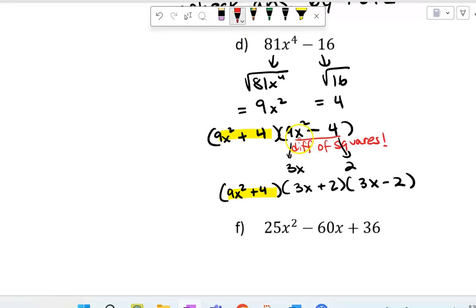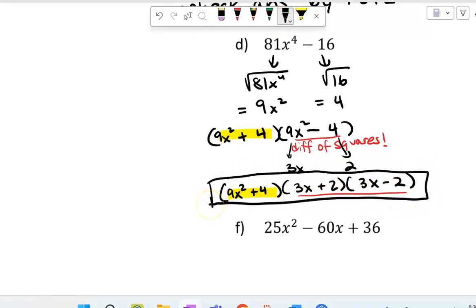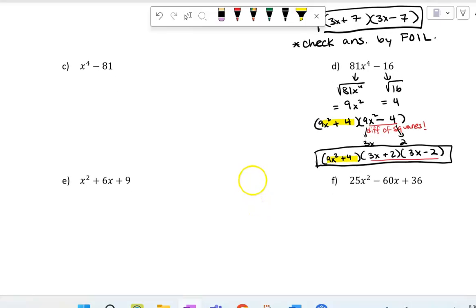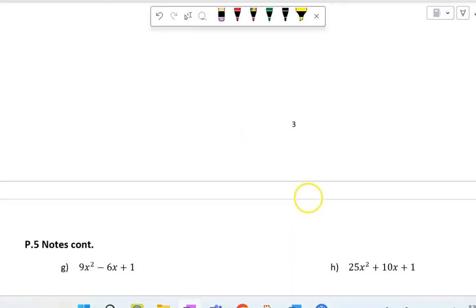All we did was take 9x squared minus 4 and we factored it into a difference of squares. This would be my final answer. I can't factor any more. So I did my difference of squares first, and then I did a difference of squares again. There were 2 difference of squares problems in this problem, and that's exactly how C is going to be.